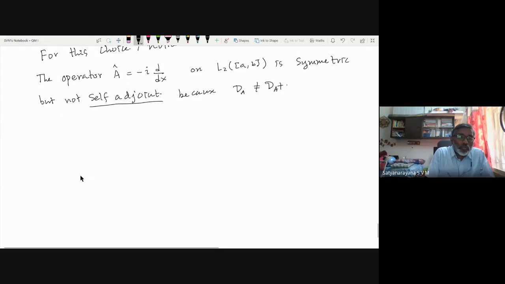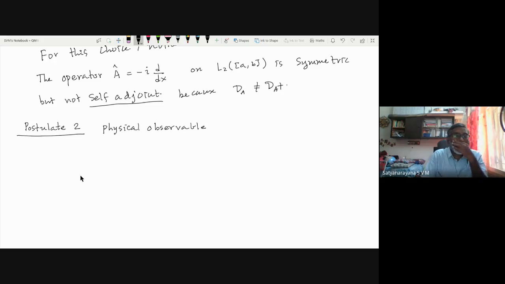Okay, so now we are ready to write down what is called postulate 2 of our quantum mechanics. Postulate 2 is physical observables. What do we mean by physical observables?